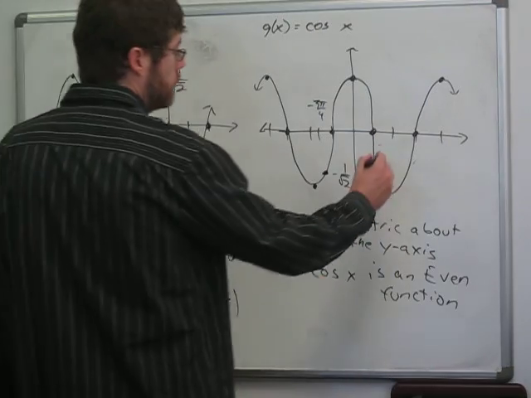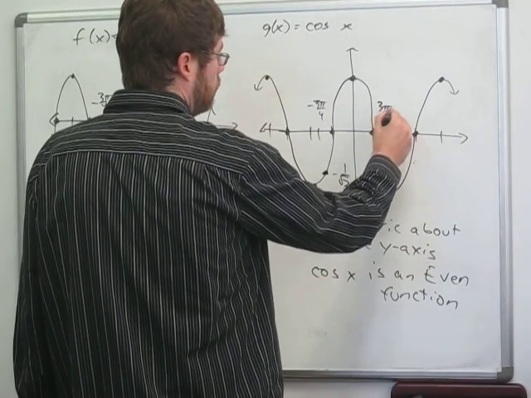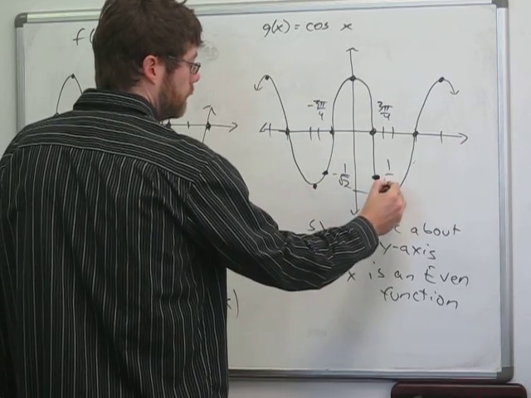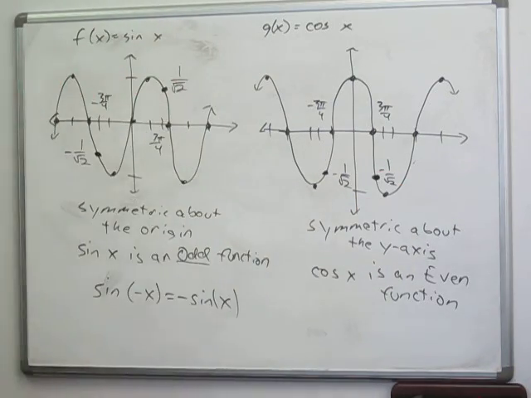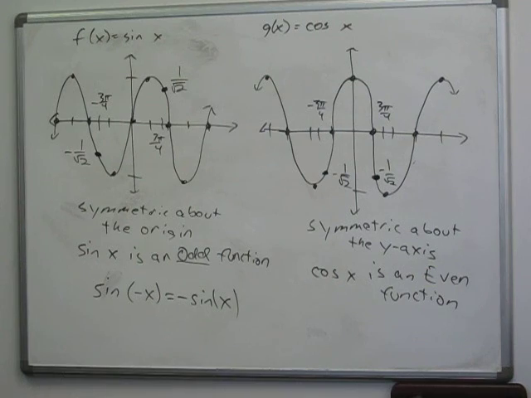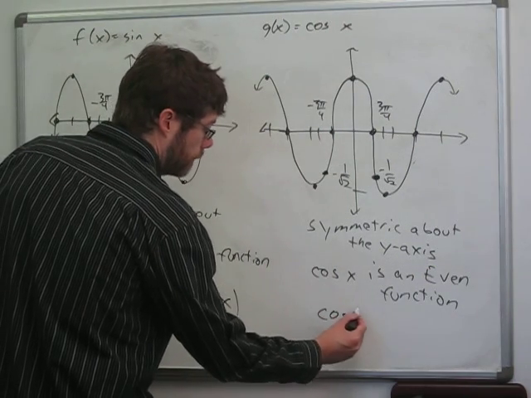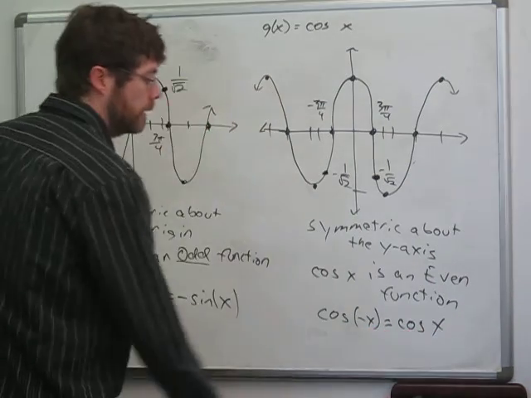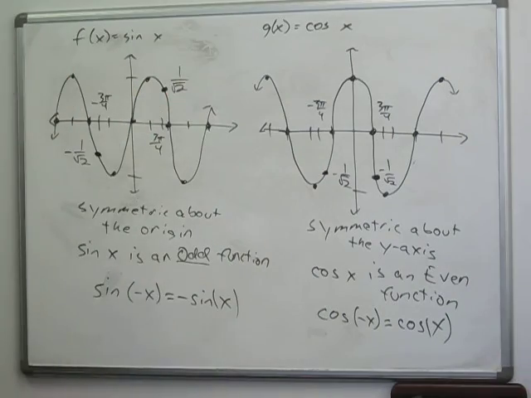But if I look at positive 3 pi over 4, the function value is still negative 1 over radical 2. So the technical way of expressing this, cosine of negative x is equal to cosine of x.